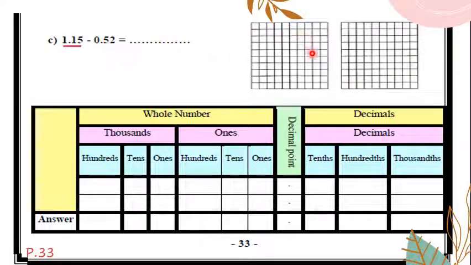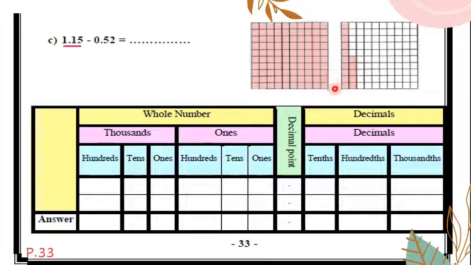The 1 means I'm going to color the first model because I have one whole. Then for 0.15, I'm going to color in the second model: 10, 11, 12, 13, 14, 15.